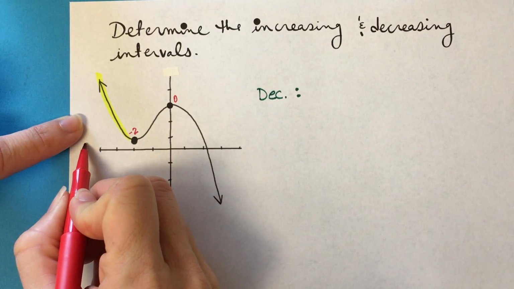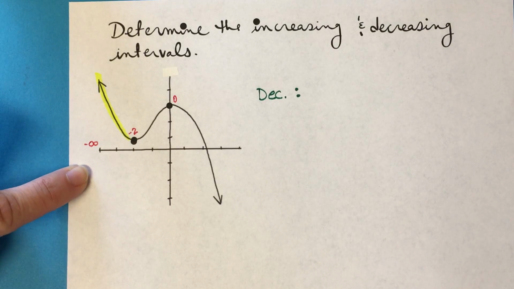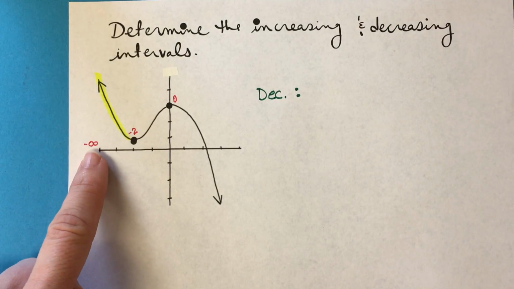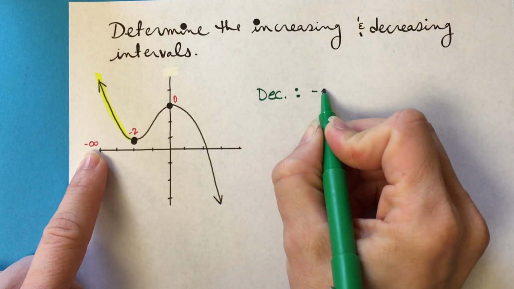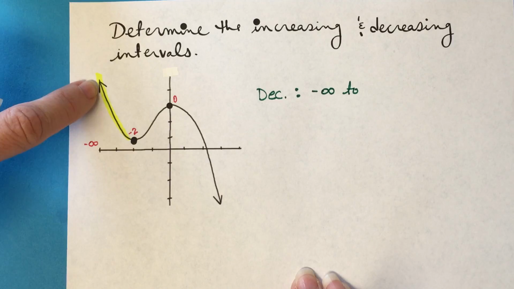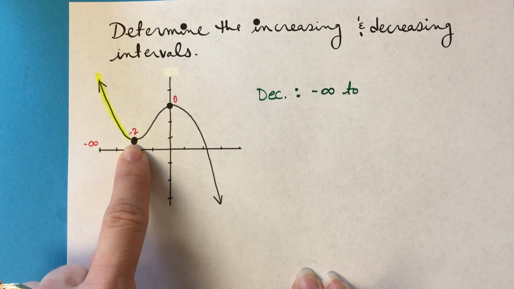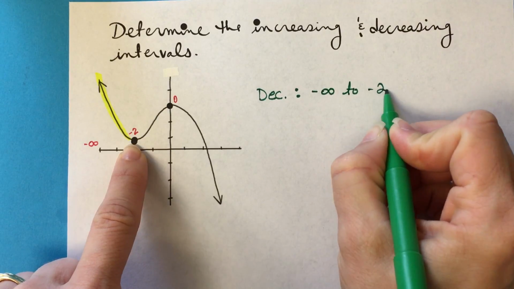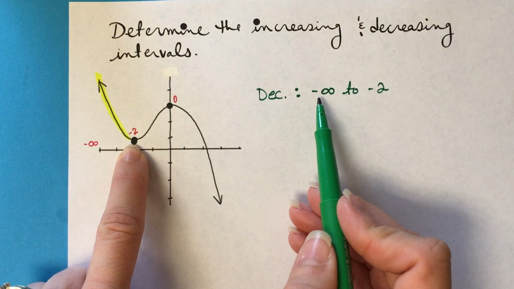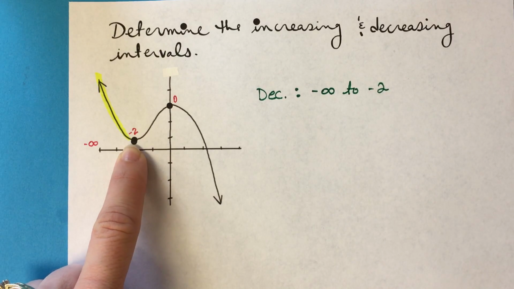This end of the x-axis is referred to as -infinity. So my decreasing starts at -infinity, and it decreases through this whole highlighted portion all the way down to this point at -2. So you would say that it decreased from -infinity to -2.